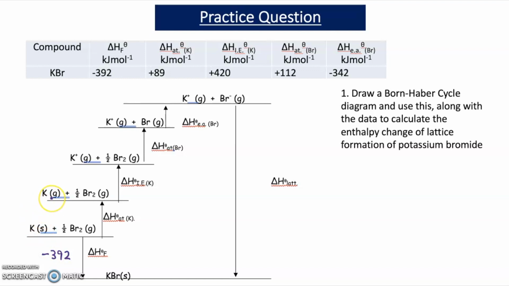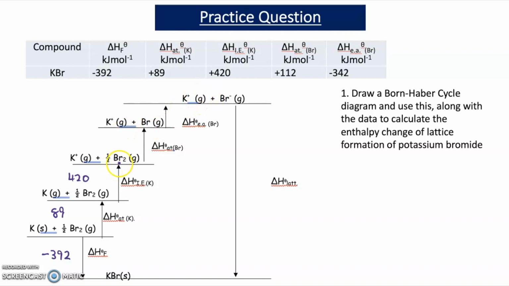I have the atomization enthalpy of potassium here, which is 89. I have the ionization energy of potassium, where I'm going from K gas to K+, and that's 420.